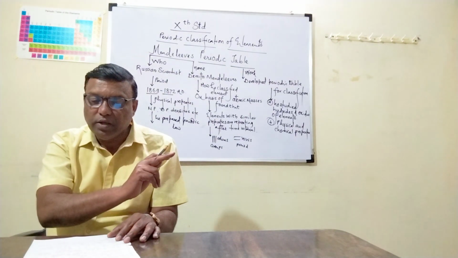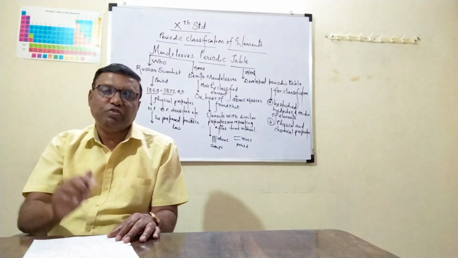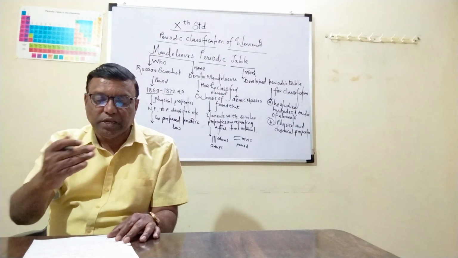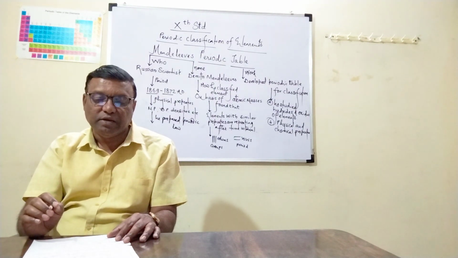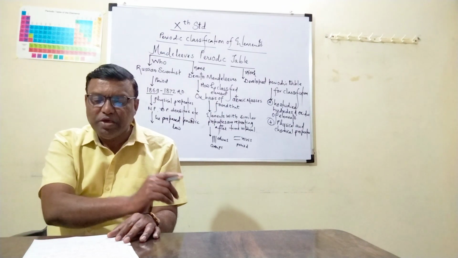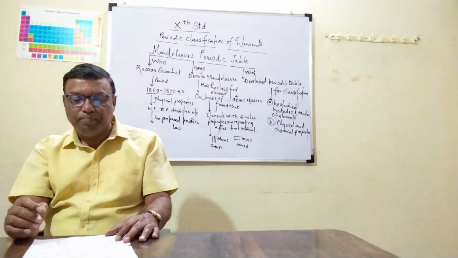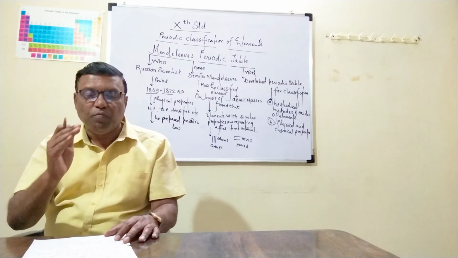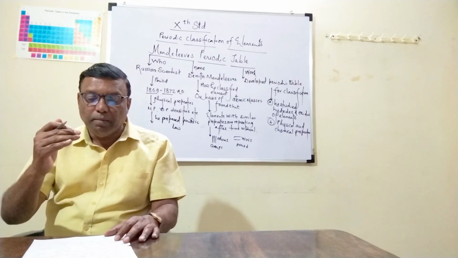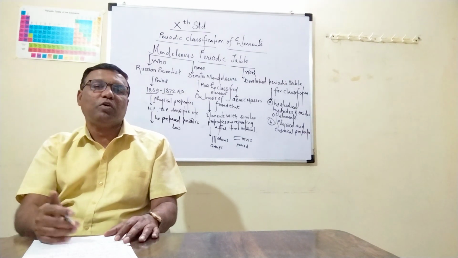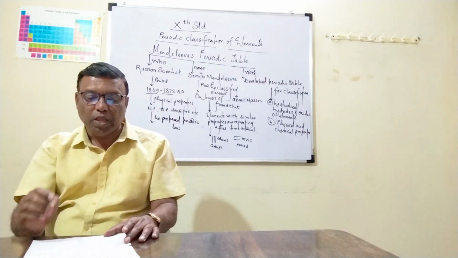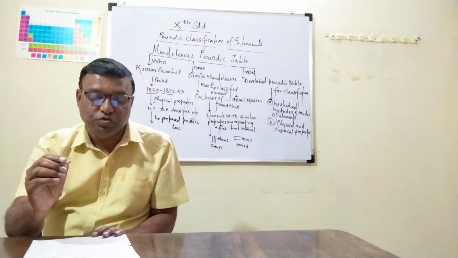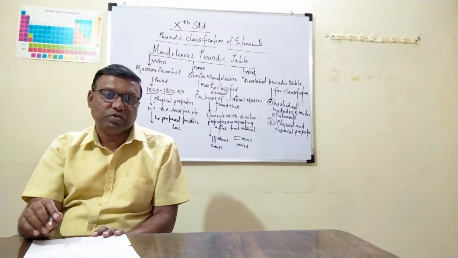He found that elements with similar physical and chemical properties repeat after a definite interval of time. On the basis of this, he prepared one law. That law was: properties of elements are a periodic function of atomic masses.